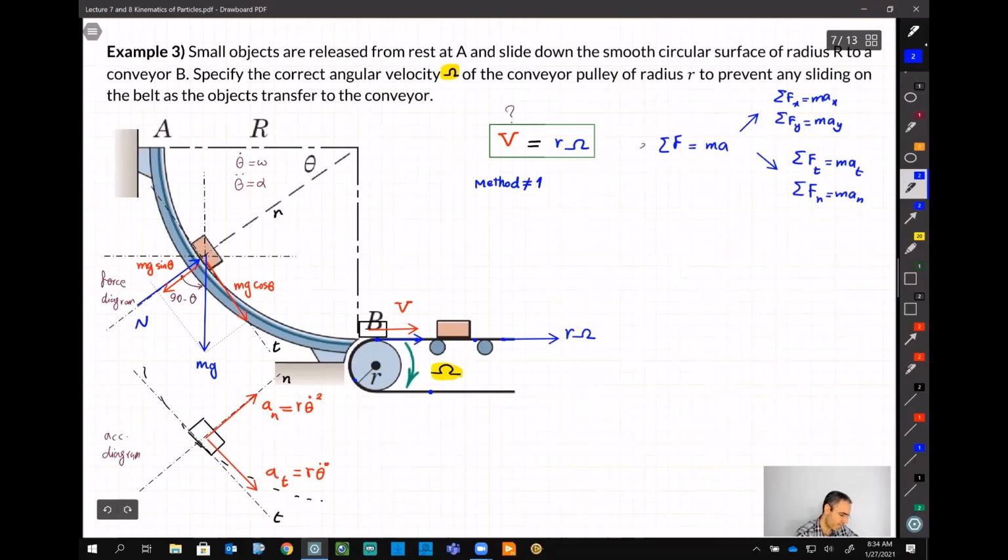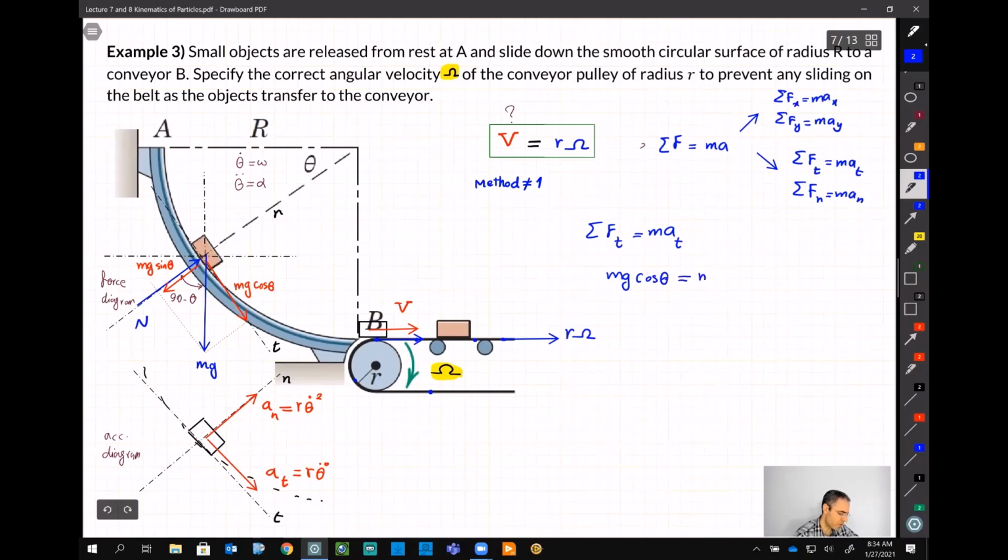Okay, let me quickly write down. What do I have? Let's start with the T direction. The sum of the forces in T is equal to m at. What do I have in the T direction? Well, we have mg cosine theta. What else? Nothing.